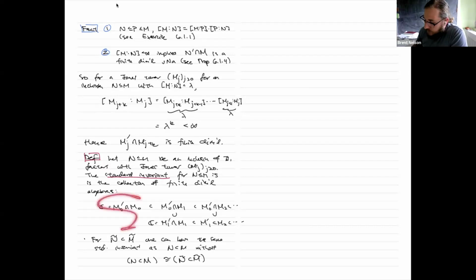And this is a very rich object because there are entire books written about these kinds of towers of algebras. We're taking finite dimensional algebras and embedding them inside of one another. And the way that you codify these things is by Bratteli diagrams. This is very important in C-star algebras for constructing, like, AF algebras and other examples like this. So this can have a very interesting structure and a lot of variation in it.